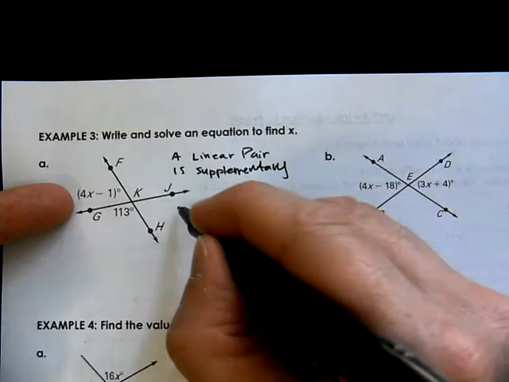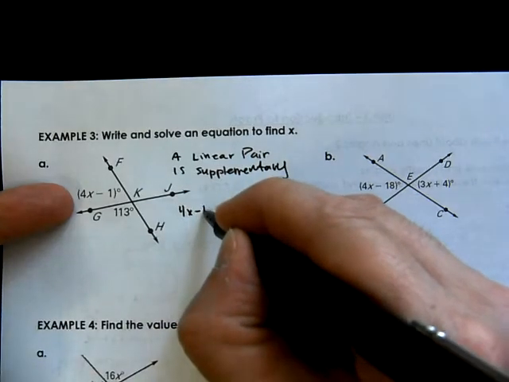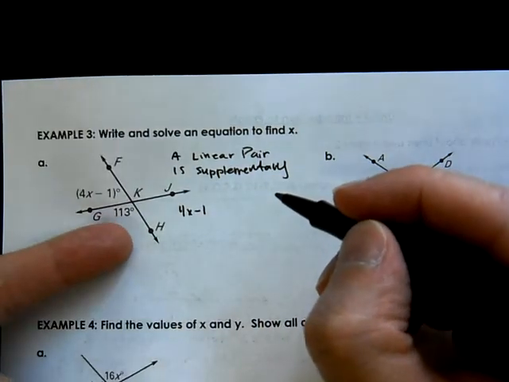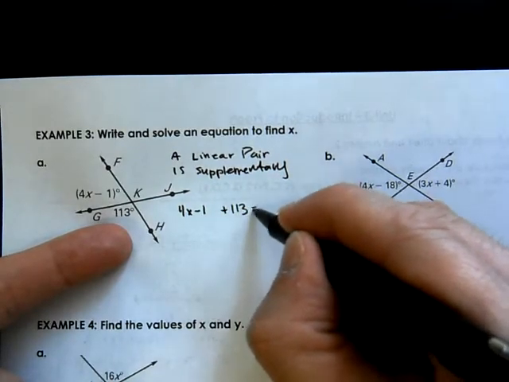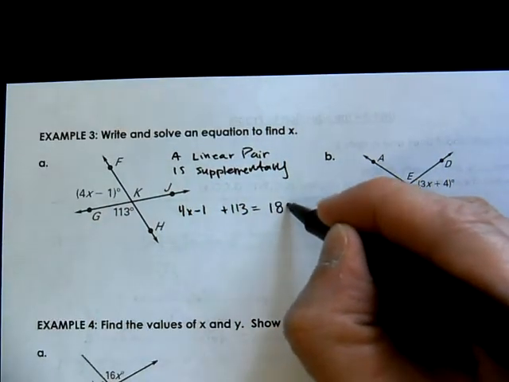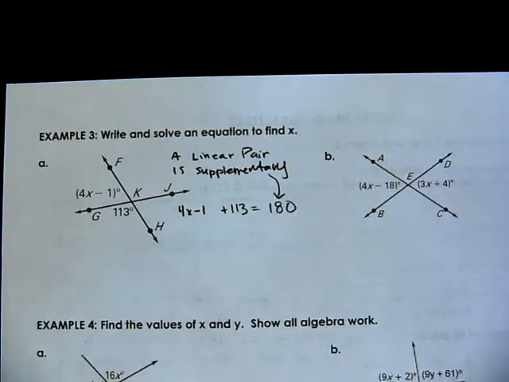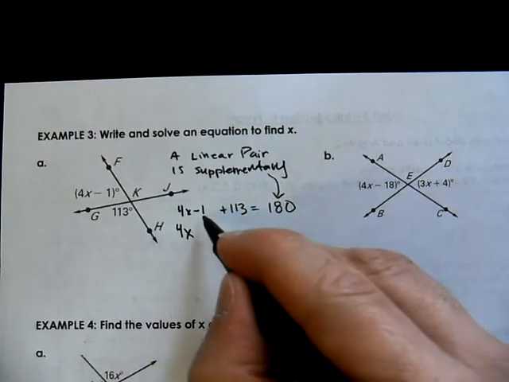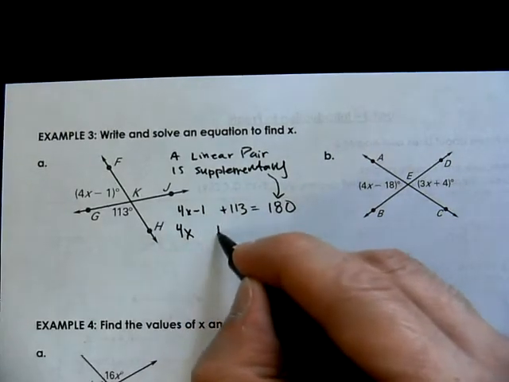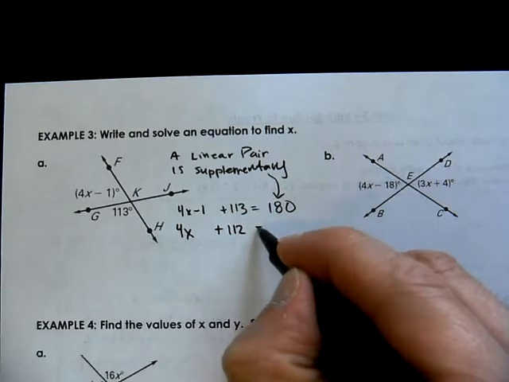So we take this angle, which is the 4x minus 1, and we add to that the 113, and set them equal to 180 degrees. So that's what the supplementary is telling us to do. Let's combine like terms. On the left-hand side, we have a negative 1 plus a 113. That combines to a positive 112.